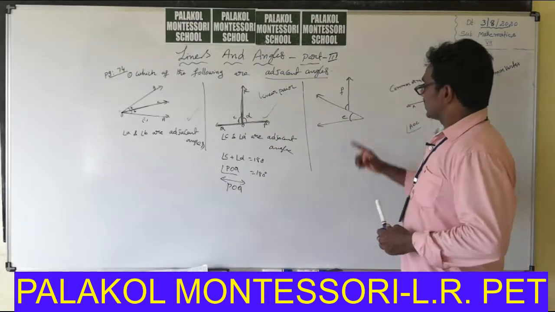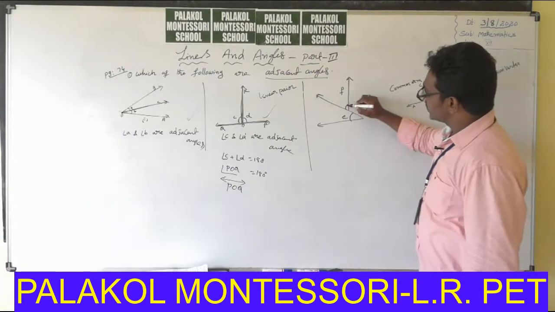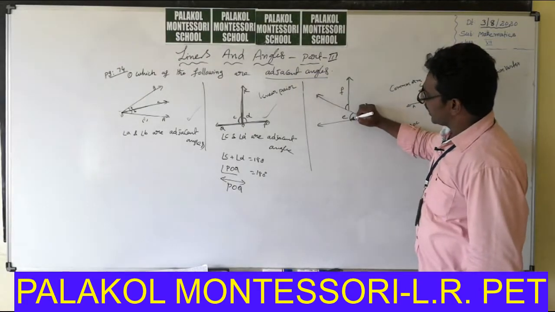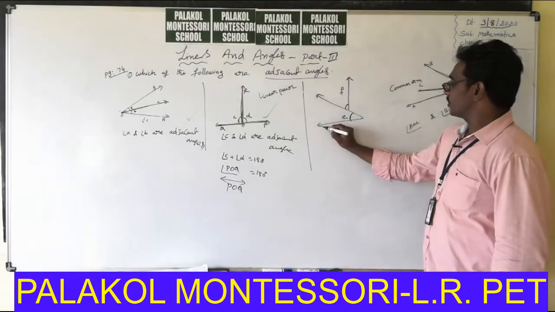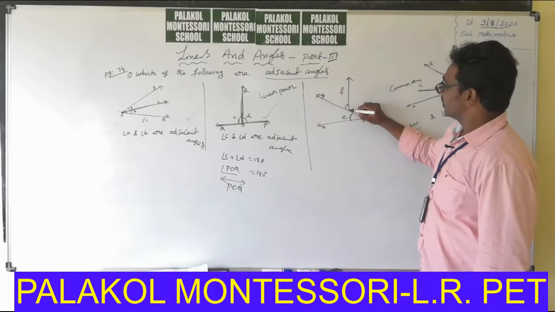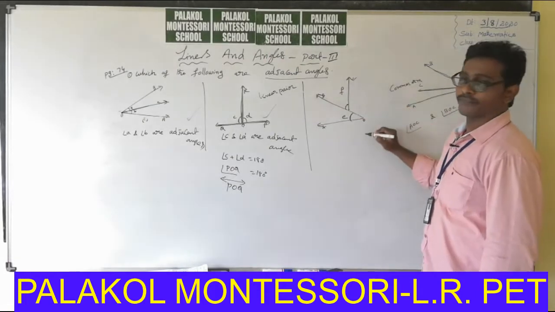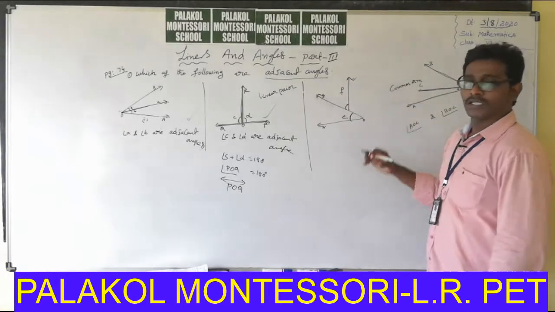Next one, see this one. Here one angle is F, here angle E. Any relation? Suppose A, O, B, and here is C. Is there anything common? It's not.